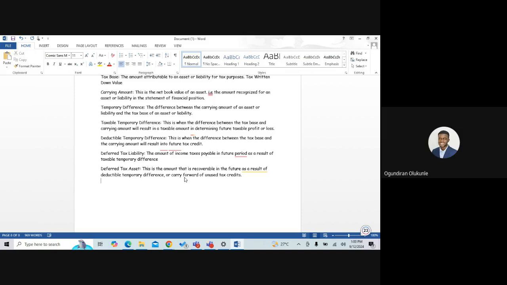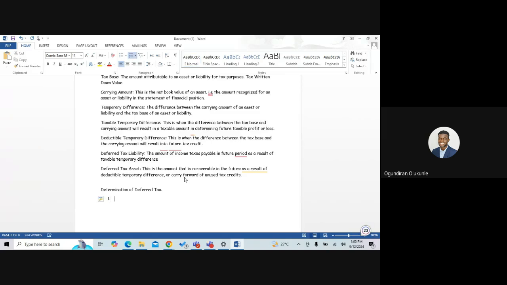Your deferred tax, like I said, is a product of what we call, so let me put it this way: determination of deferred tax, right? Let's go to the steps.